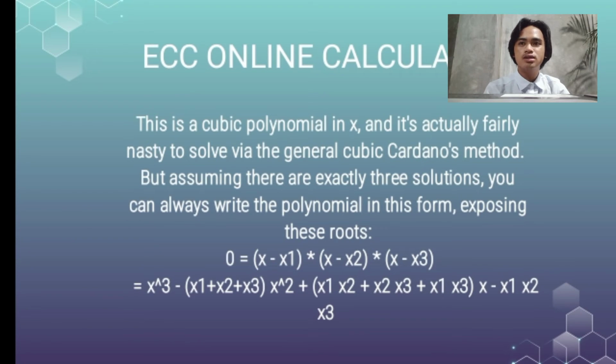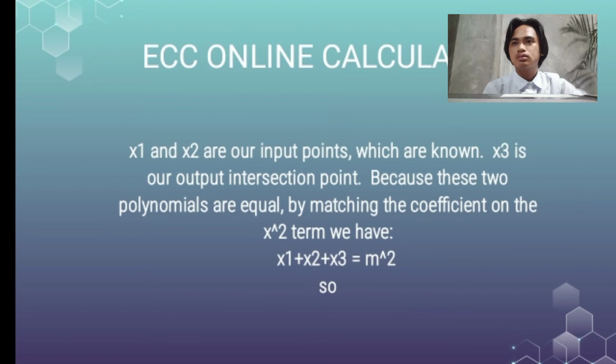0 equals (x minus x1)(x minus x2)(x minus x3) equals x cubed minus (x1 plus x2 plus x3)x squared plus (x1x2 plus x2x3 plus x1x3)x minus x1x2x3. x1 and x2 are our input points, which are known. x3 is our output intersection point.